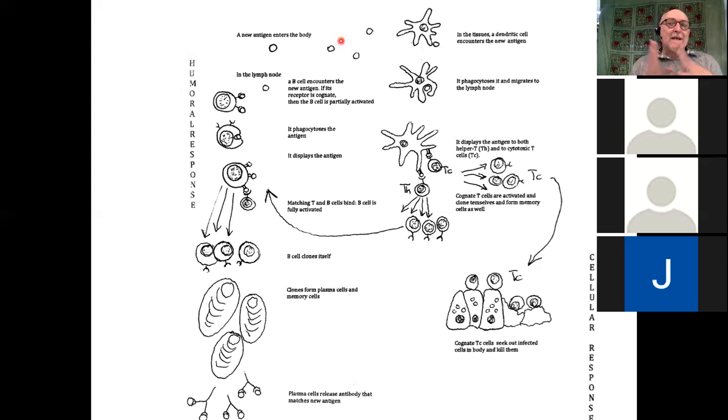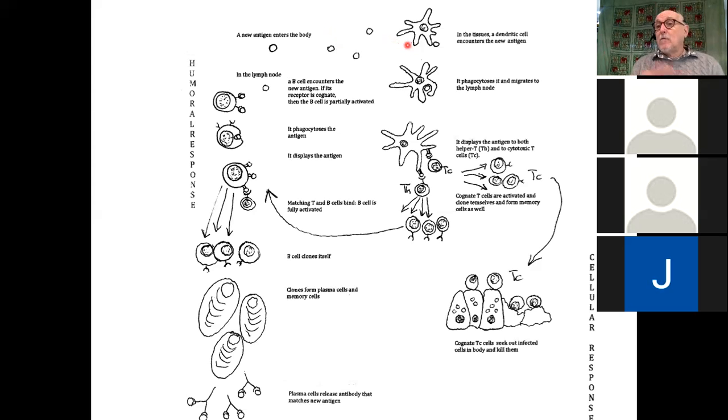Dendritic cells are unique in that they are able to take up virus, recognize that it's there, digest it, and display viral protein. Macrophages can't do that. They can do it with bacteria, but they can't do it with virus. So that's one of the reasons why dendritic cells are so very important.